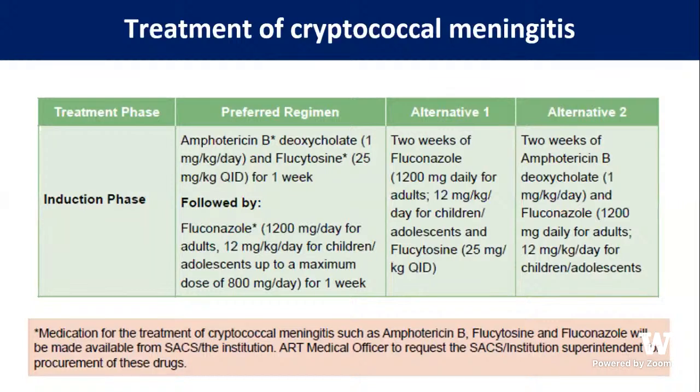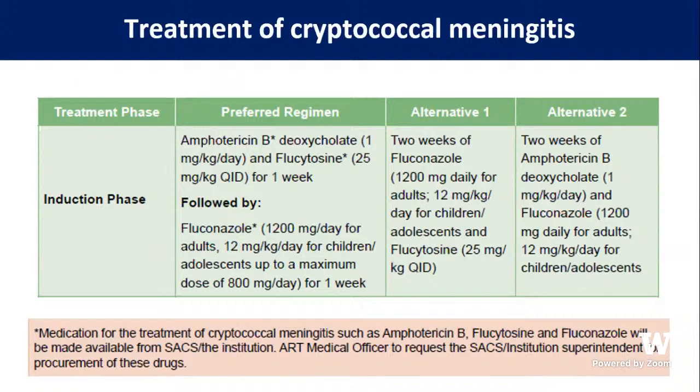Maximum in children and adolescents is 800 milligram per day for 1 week. So remember, the first week is a combination of amphotericin B and flucytosine. The dose of 1 milligram per kg per day is conventional amphotericin B. The dose for liposomal amphotericin B is higher, between 3 and 5 milligram per kg per day, but this is conventional amphotericin B.